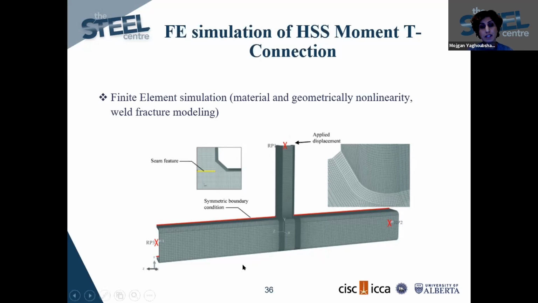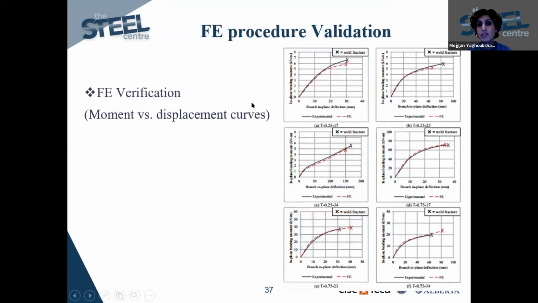This is a schematic view of the finite element model, and the finite element output was validated against the experimental test, making sure that it predicts the fracture initiation and the strength of the connection accurately.